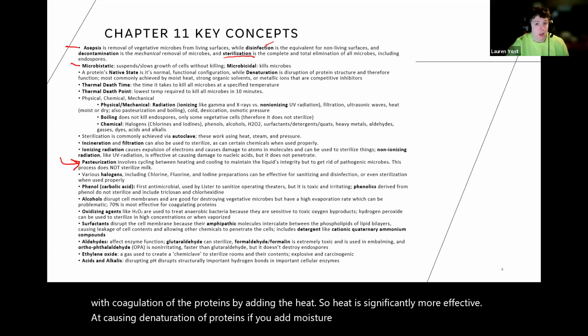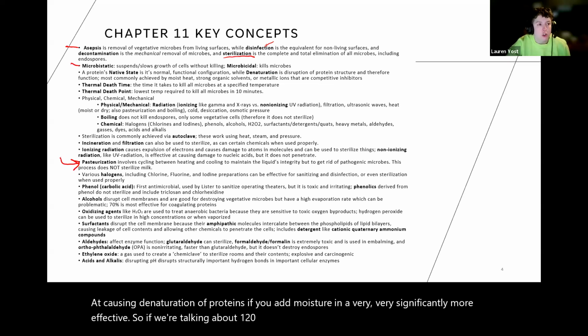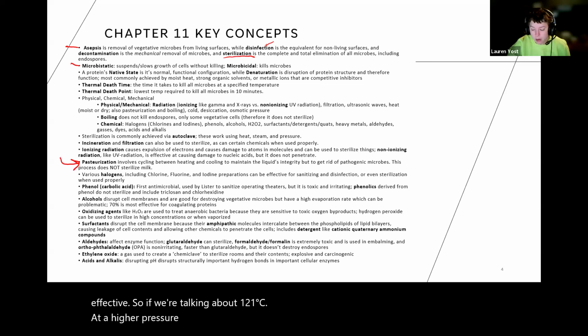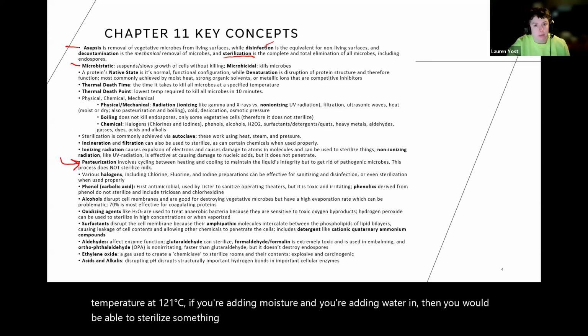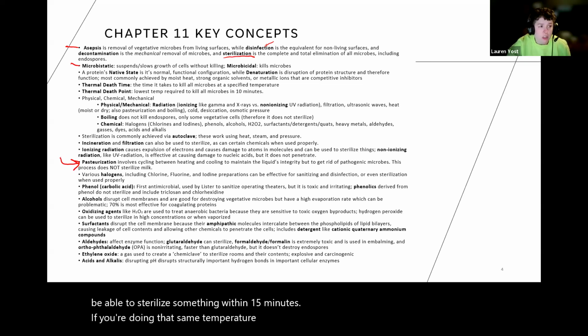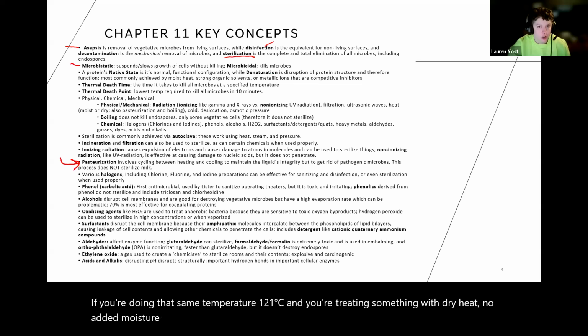If we're talking about 121 degrees Celsius, at a higher pressure, which is typically how we achieve that temperature, and you're adding water in, you would be able to sterilize something within 15 minutes. If you're doing that same temperature, 121 degrees Celsius, and you're treating something with dry heat, no added moisture, it's going to take 600 minutes.